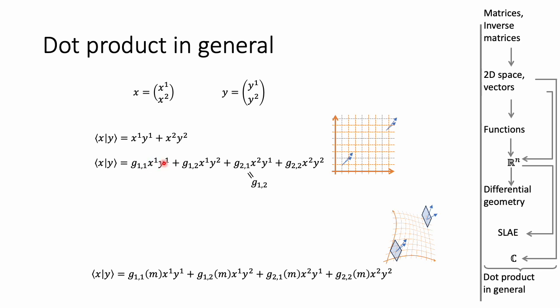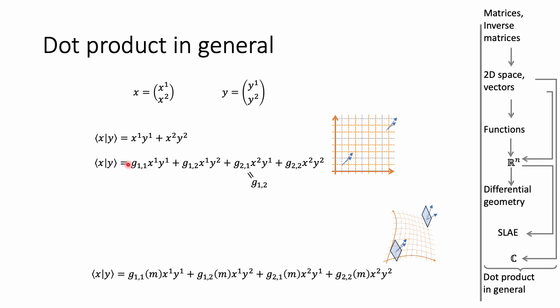The first components, the first and the second component, the second and the first components, and finally the two second components. And also we want to multiply each of these products by certain numbers g with sub-indices. Here we use sub-indices, not superscripts.